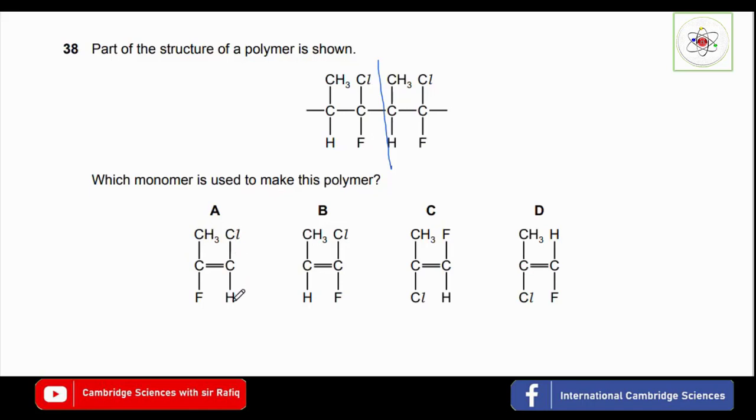This one is wrong because of the wrong order. Methyl, chlorine, H and F is correct, and when you remove the extended bonds and change them into a double bond between the carbon atoms, it is correct. The arrangement in the other options is not as shown in the polymer, so they are also wrong.